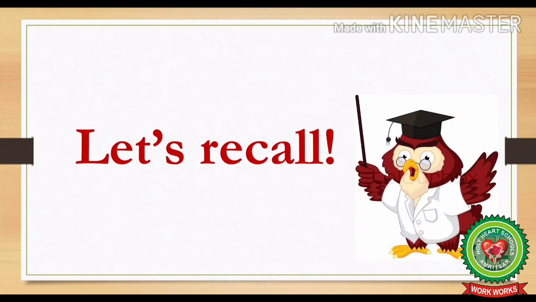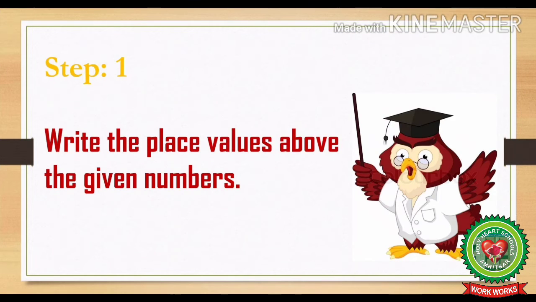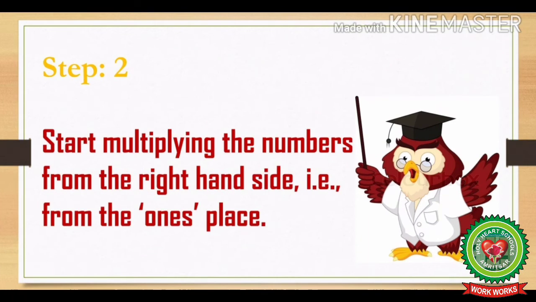Now let's recall what we have learnt today. We have learnt multiplication with 3-digit number. So let us revise the steps to multiply with 3-digit number. The first step is to write the place values above the given numbers. Step 2.